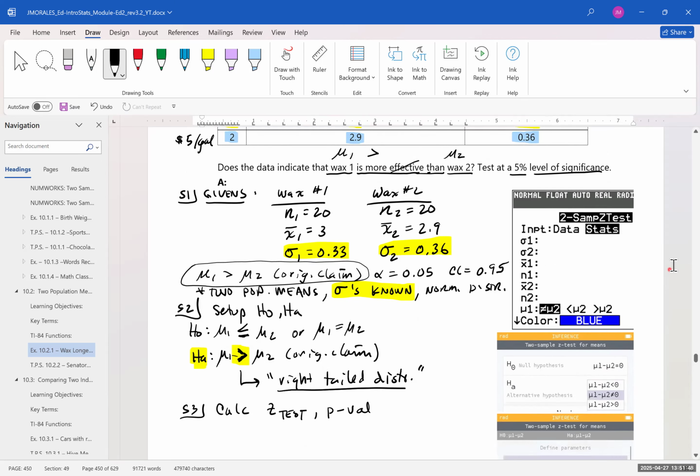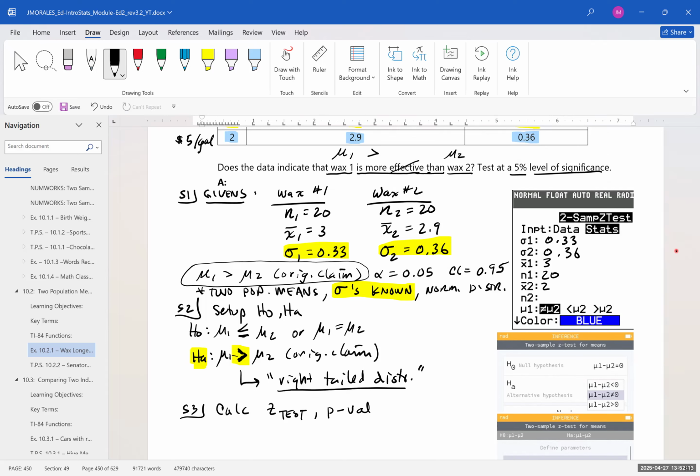Okay. So sigma 1 is 0.33 and sigma 2 is 0.36. The sample mean of the first sample is 3 with a sample size of 20.